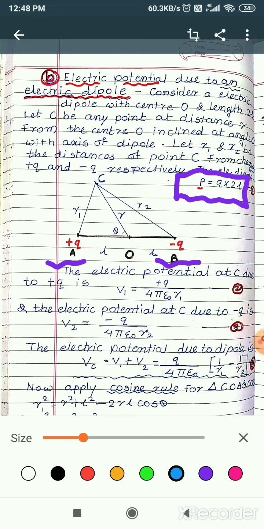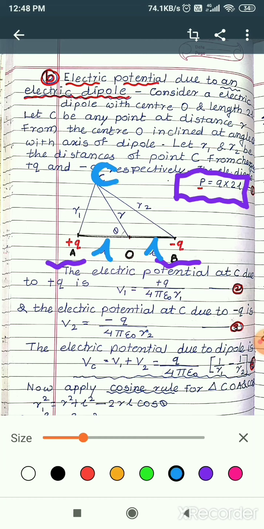Now consider a point C anywhere in the medium at which we require the electric potential due to this electric dipole. Due to this plus q and minus q charge simultaneously, what is the value of electric potential at point C?